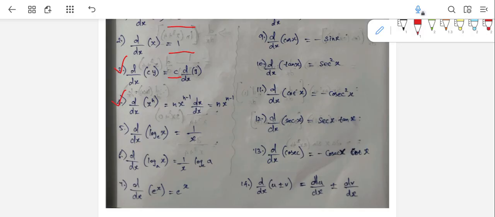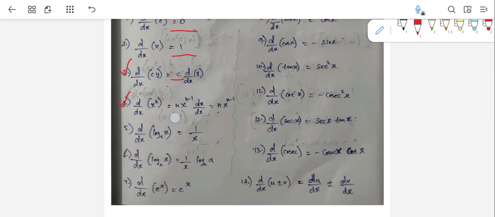It will be n into x power n minus 1 into dx by dx. See guys, actually here dx by dx is going to get cancelled, right? So we can write it as just n into x power n minus 1. You can ask, okay sir, it is going to get cancelled anyway, why are you writing dx by dx again?